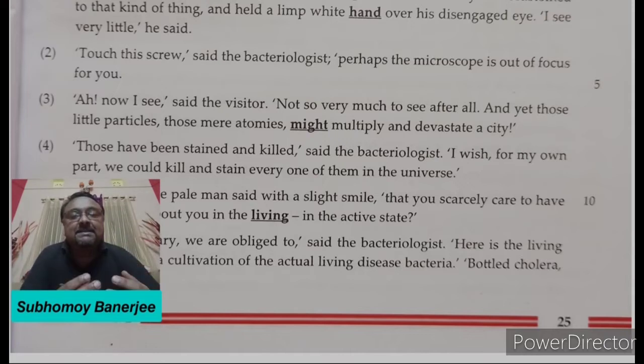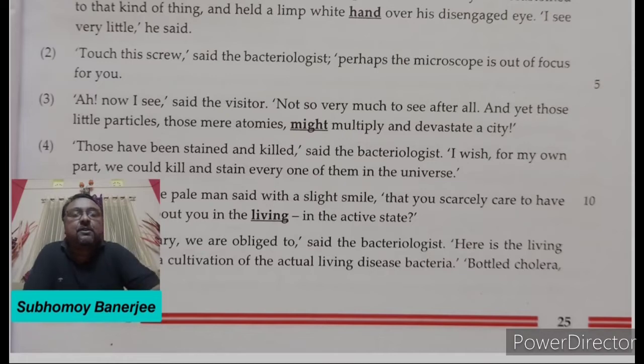This is a test for finding out how much vocabulary you have. It's a vocabulary test to test your capacity in vocabulary. How many words in English do you know along with their alternative meanings? That is what they are trying to test.